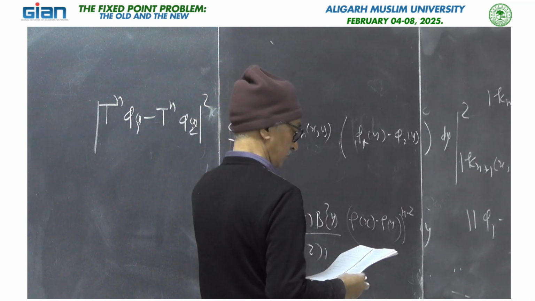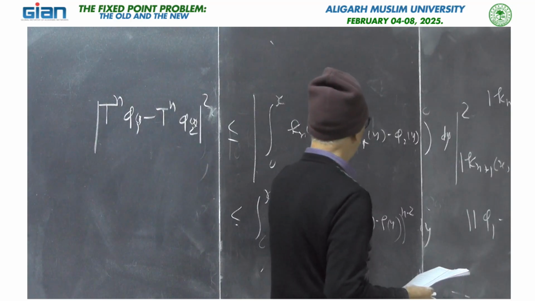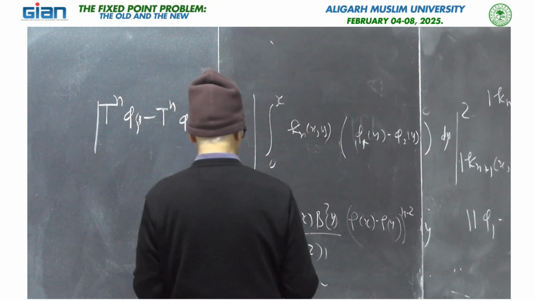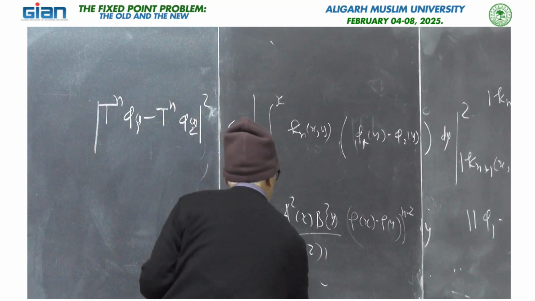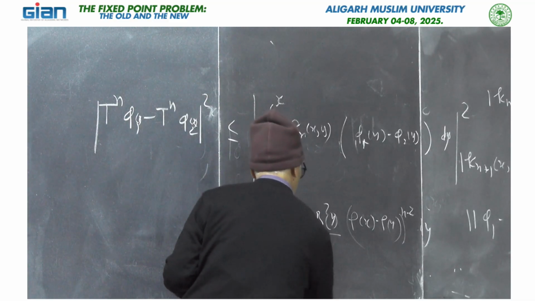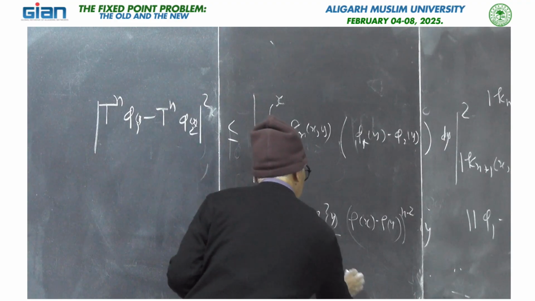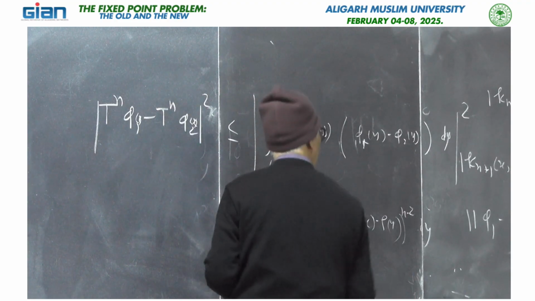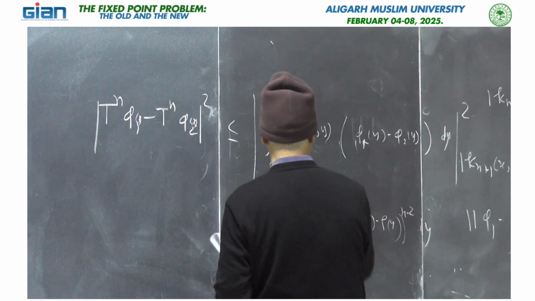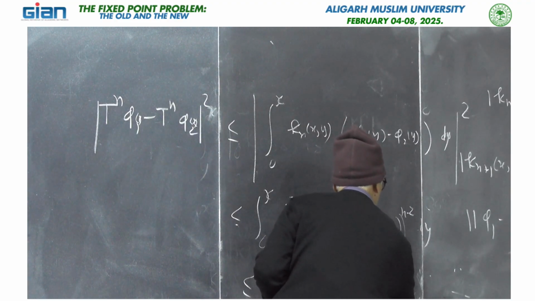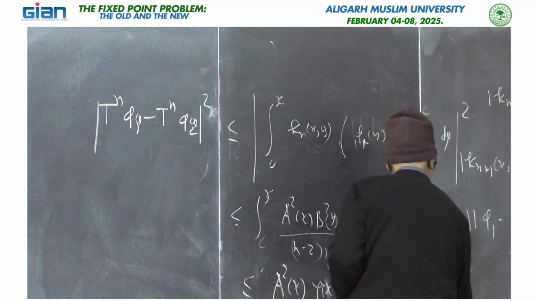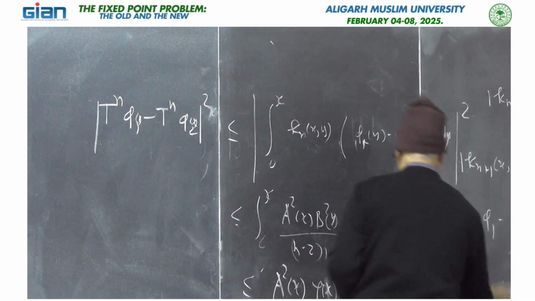Here you can drop rho of y and take rho 1, so this factorial term comes out, and you have a square x and rho of x to the power n minus 2 over n minus 2 factorial, and the integral from 0 to x of b square y dy, which you can write from 0 to 1, and then phi 1 minus phi 2 square.